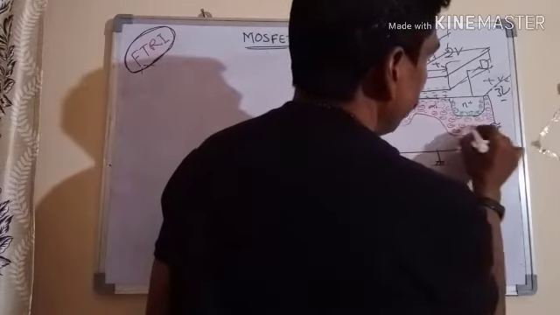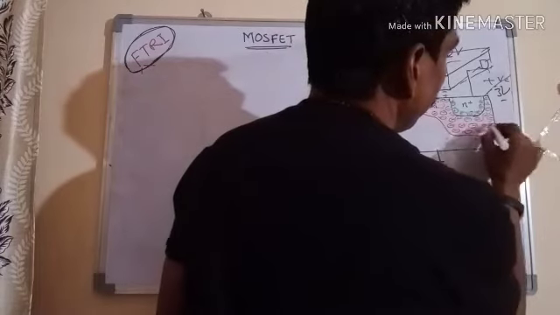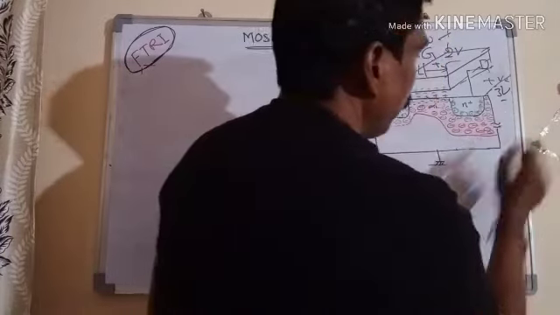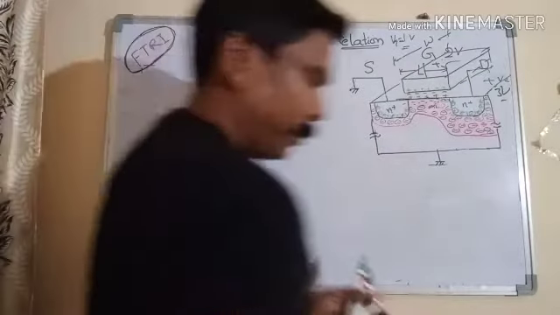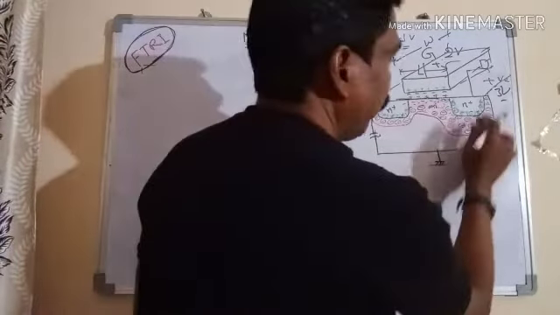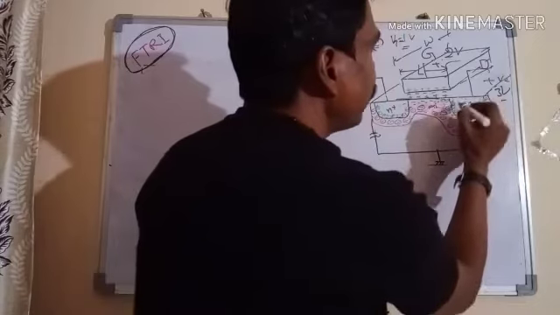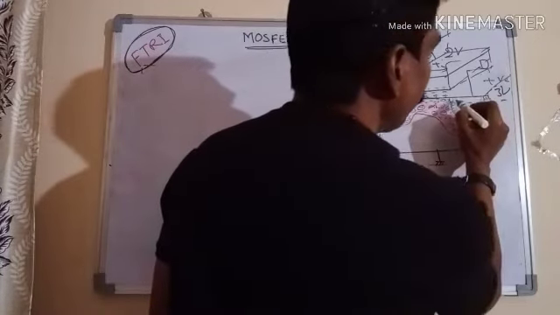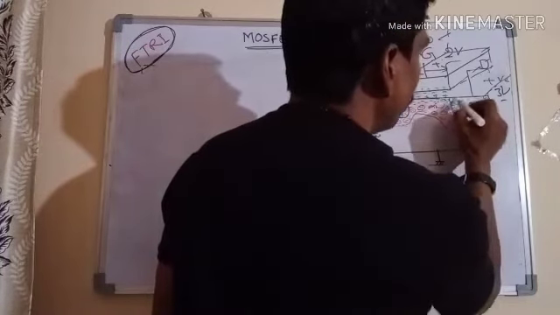The depletion region, which consists of negative immobile ionic charge, will be increasing on the drain side. Similarly, to balance that, it will be increasing in the N plus drain also, positive charge.